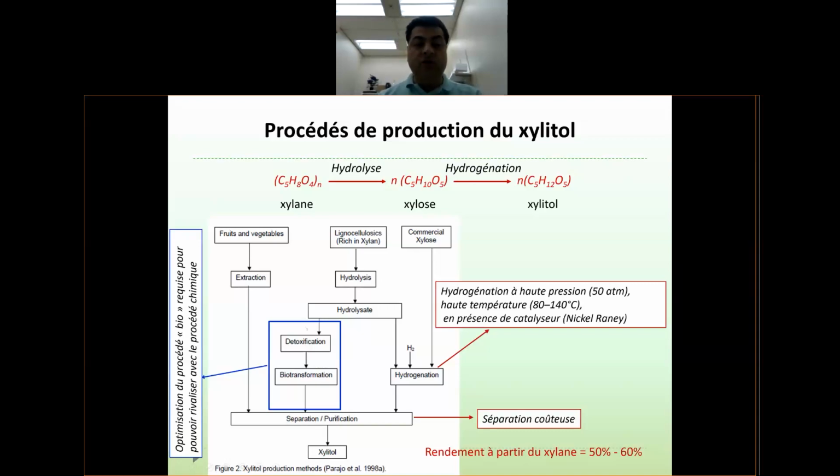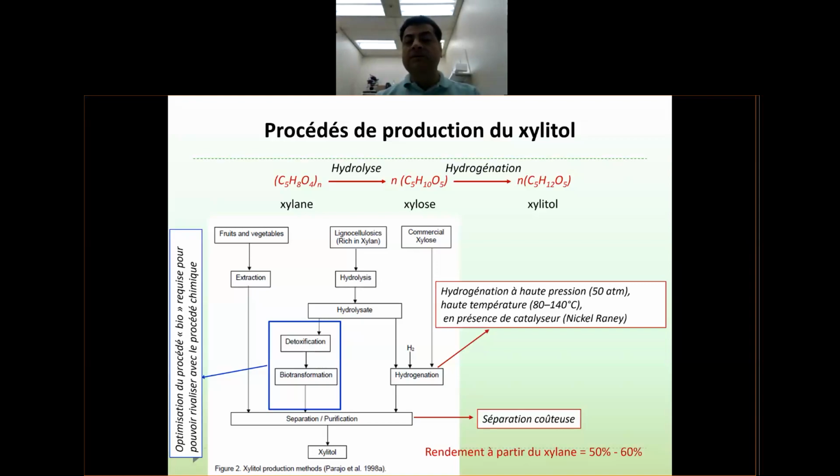Okay, so even though by looking at this simple chemical reaction, it looks like, oh, that's easy, let's just produce xylitol from xylene as a biomass. But there are some steps that you have to consider, all those separations and purifications until you get the standard grade of the final product.